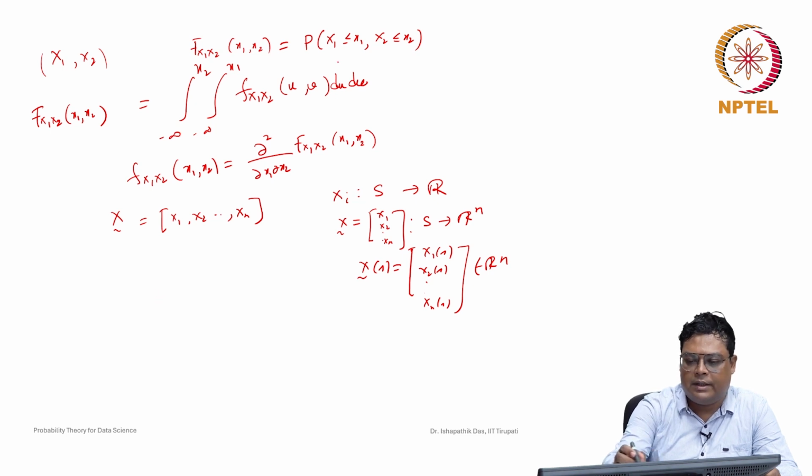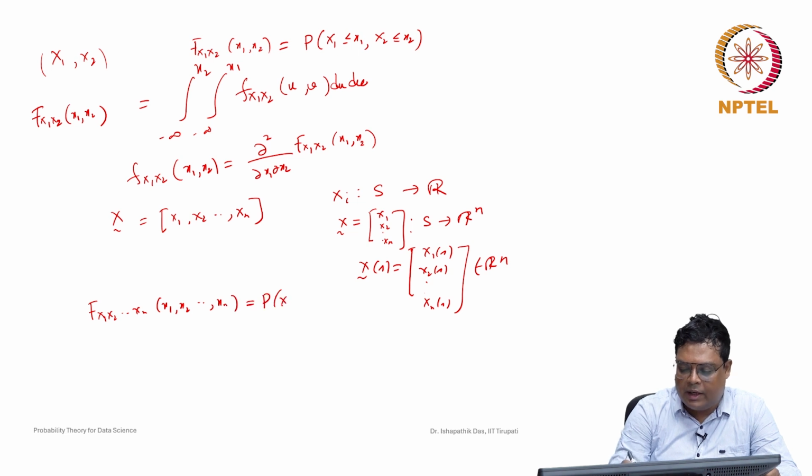The distribution function, which we have already discussed, F of x1, x2, up to xn, is equal to the probability that X1 is less than or equal to x1, X2 is less than or equal to x2, up to Xn is less than or equal to xn.